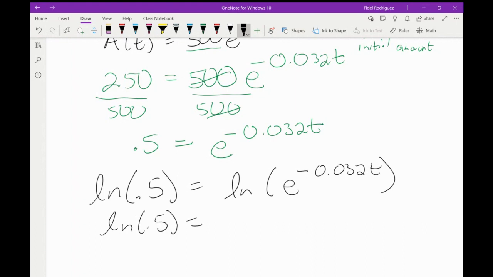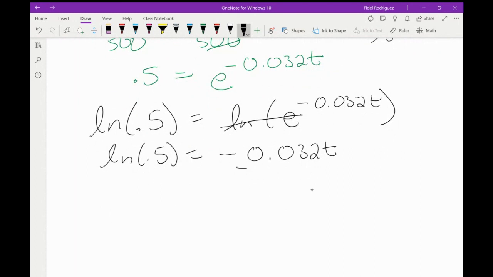Now, we were doing a problem earlier today, I don't know if y'all remember it. It was like the log base 5 of 5, and those canceled out. The same thing happens here, guys. The ln and the e are going to cancel each other out, and I'm going to end up with a negative 0.032 with a t.